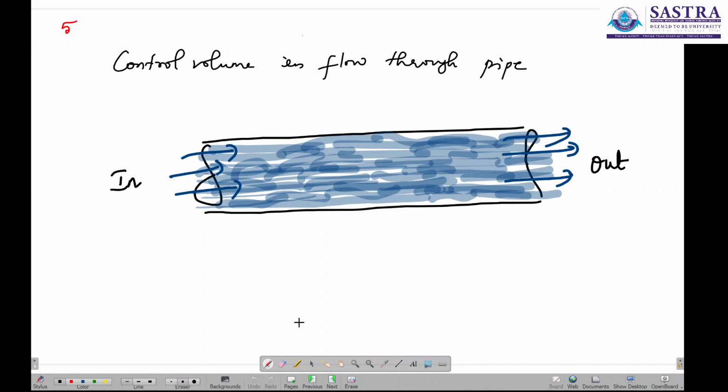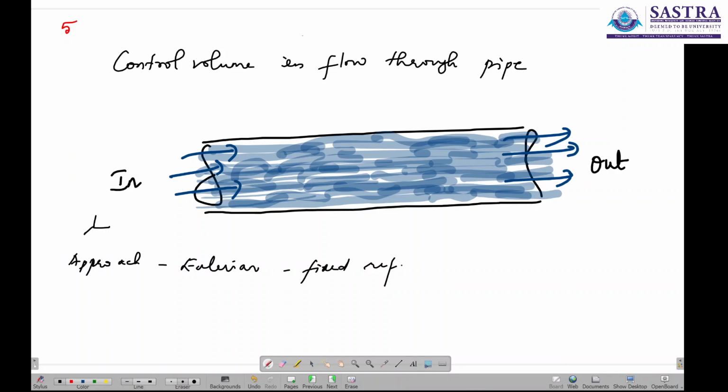Now what is the approach that we are going to follow when we derive? Again, I have redrawn the flow through pipe. We are going to focus on the Eulerian approach. That means we are going to have a fixed reference frame, so the observer is at rest at some point.